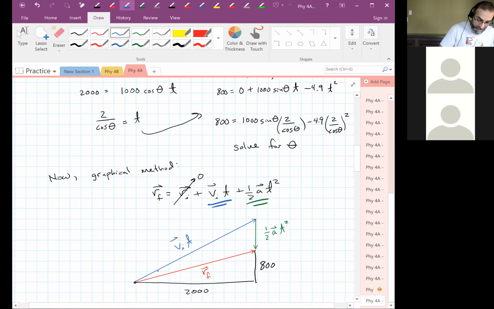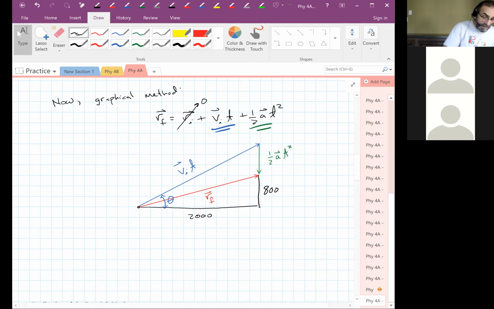And that means that this angle is theta, right? Not the one down below there. Here, let me write it like that. So if you do this, this is the equation you get. This is a right triangle. So this side squared plus this side squared has to equal this side squared, right?